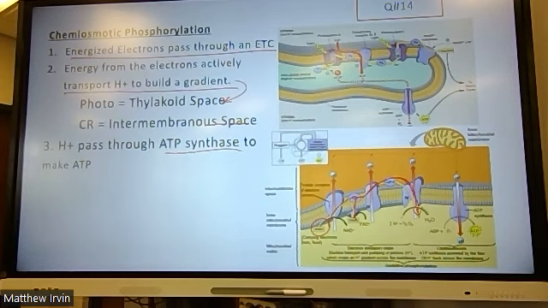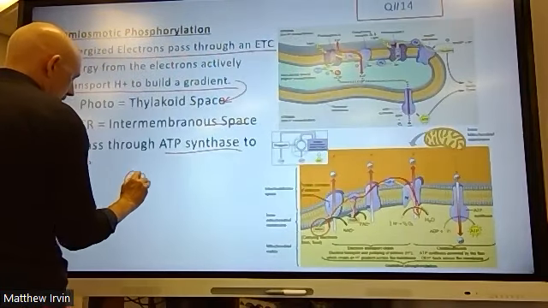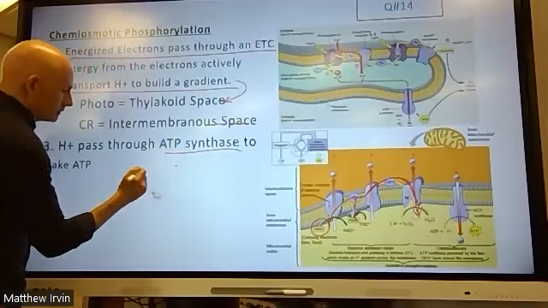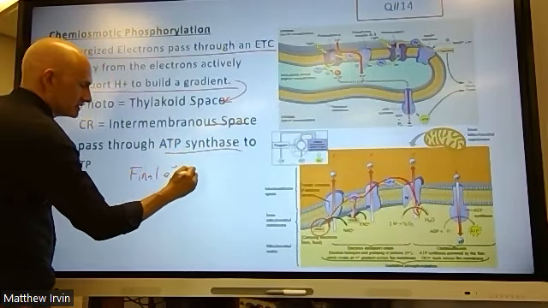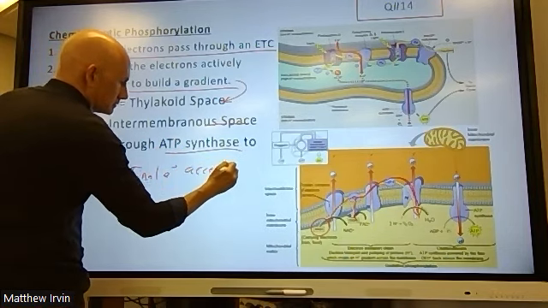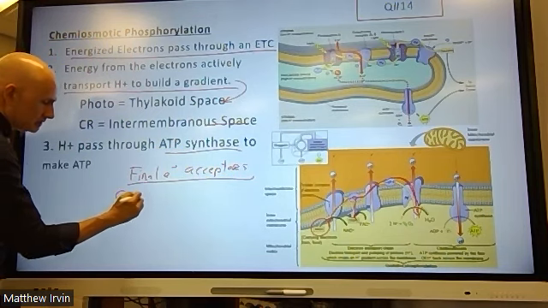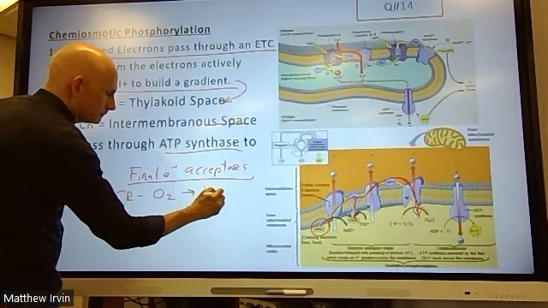But then the oxygen binds with hydrogen to form water. So our final electron acceptor in cell respiration is oxygen, which then is going to form water.